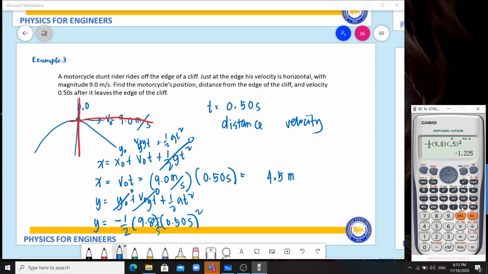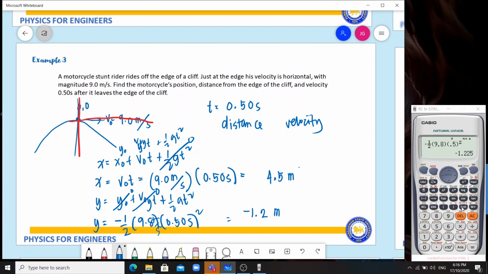So, ang y natin ay nasa negative 1.23. Okay. Check natin. Negative 1.2 meters.